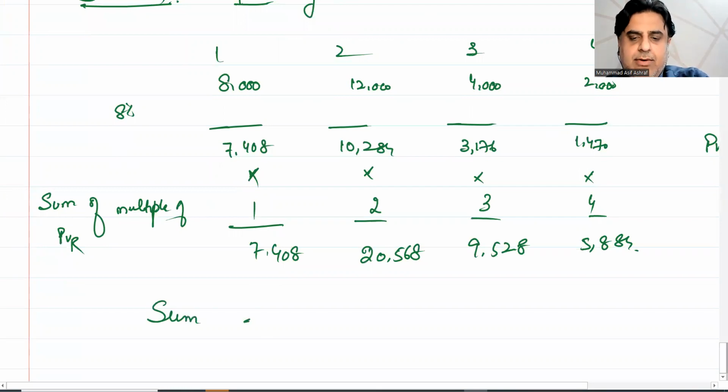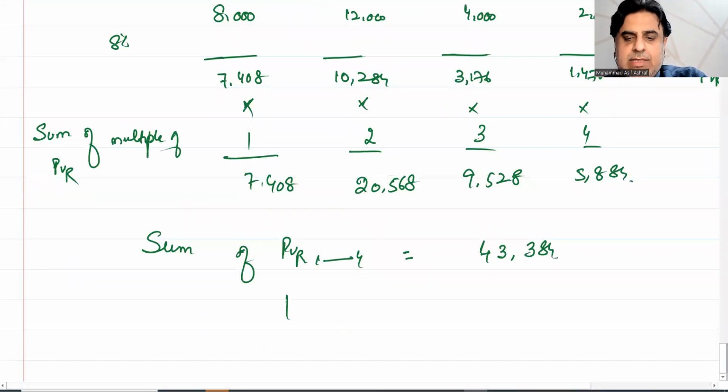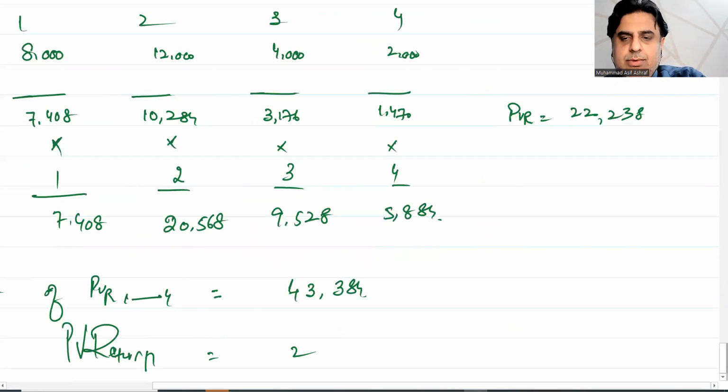The sum of present value of return phase multiples from 1 to 4 is 43384. What was the present value of return phase? We already have calculated it, 22238.